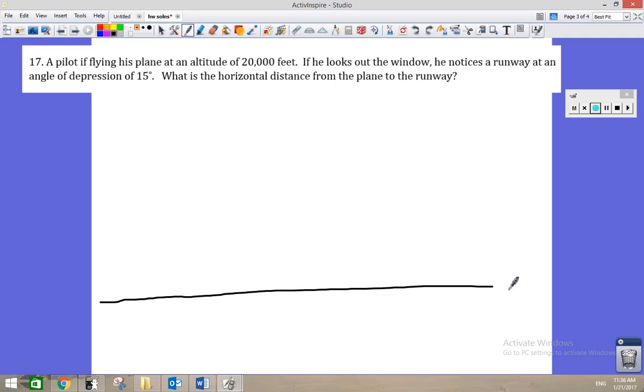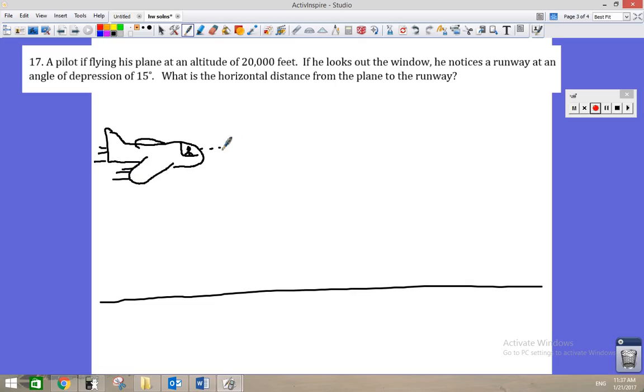Okay, so here's our ground. Here is our plane. It's a sad looking plane. And here's our pilot in the plane.